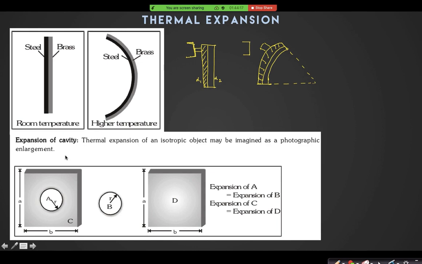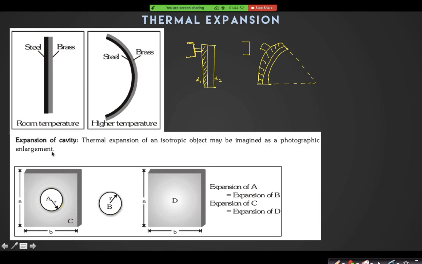Okay. Now one example: if there is a cavity inside a square plate and I increase the temperature, then what do you think? What will the radius R be, and what will the length AB be? Will AB increase and R decrease, or R increase and AB decrease, both increase, or both decrease? Everything will increase. You need to understand that this expansion is a type of photographic enlargement.